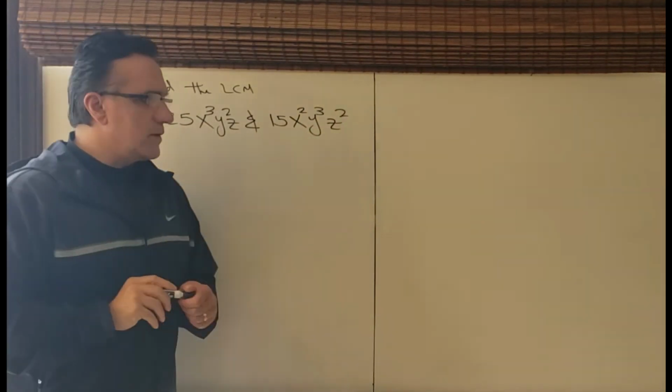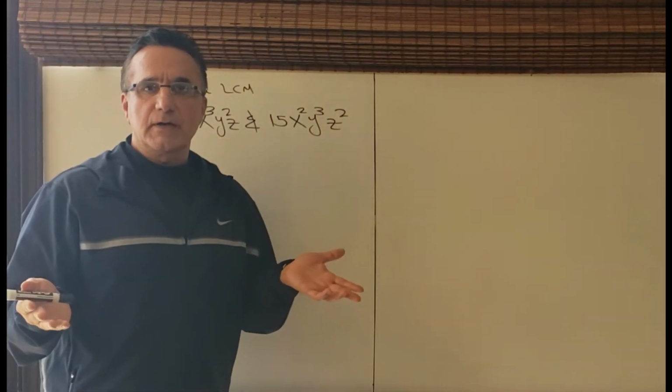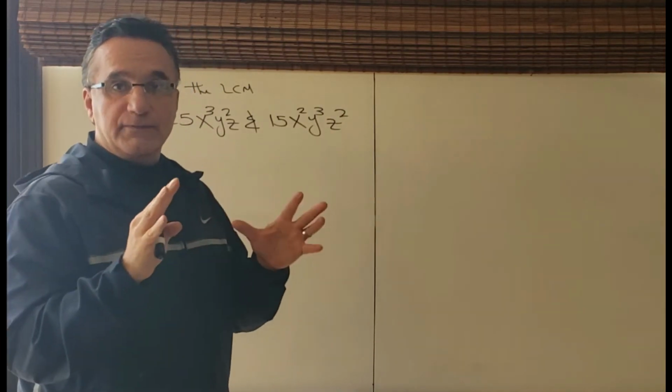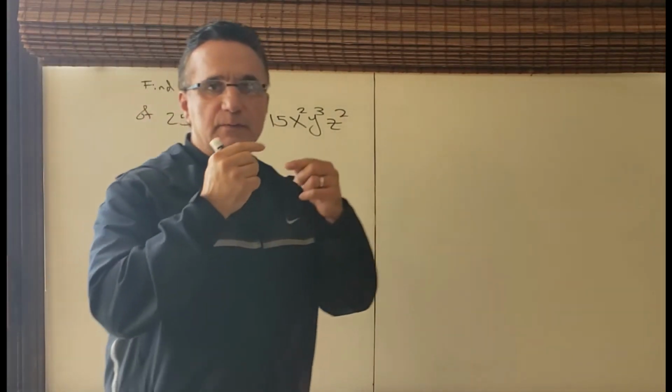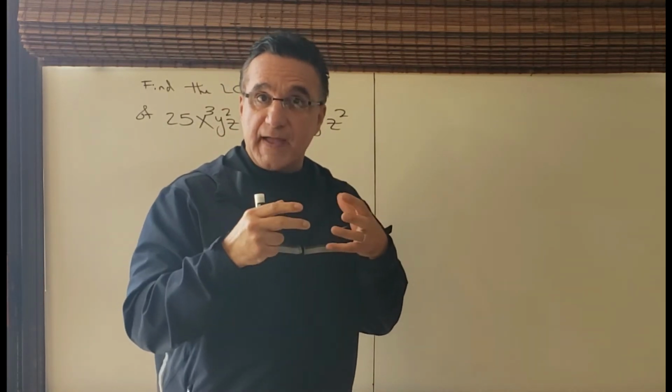Okay, so the process is exactly the same as it was for just regular constant numbers. We're going to multiply the highest power of all factors, but only after we have written both expressions in fully factored or prime factored form.